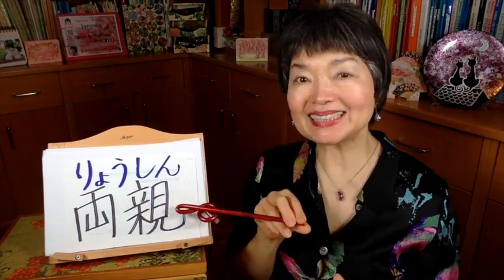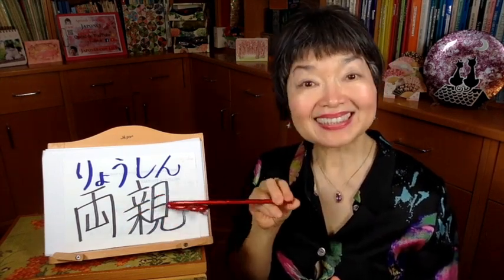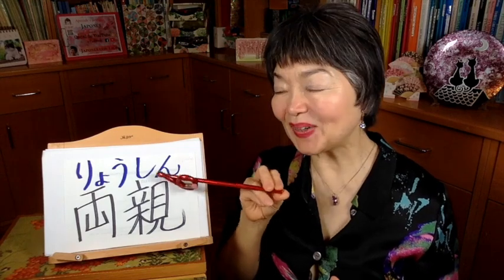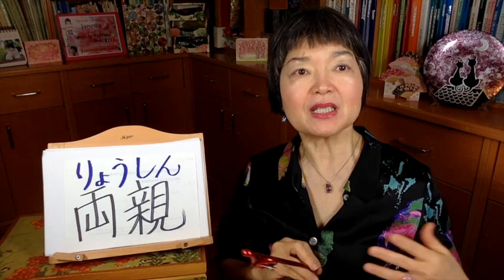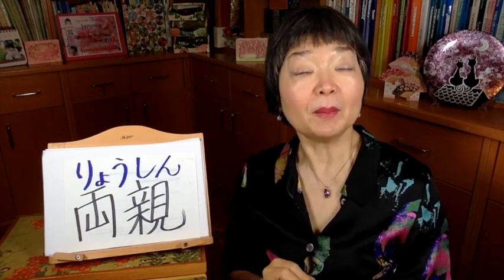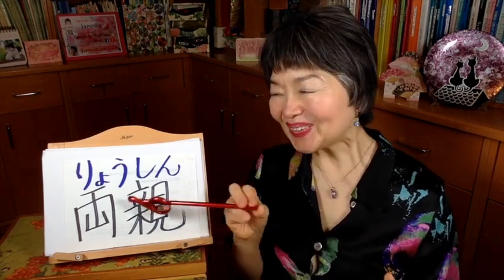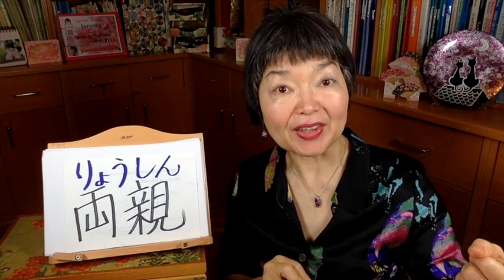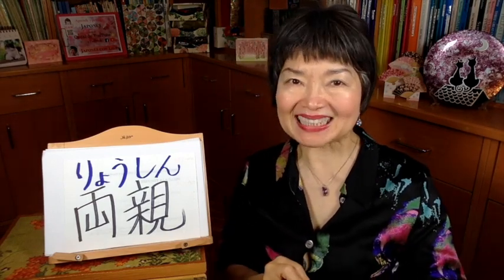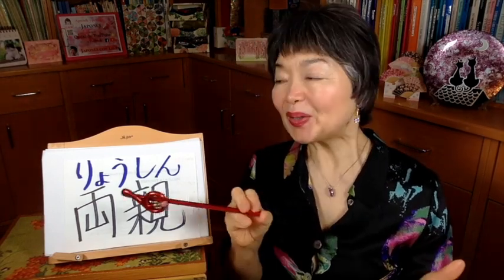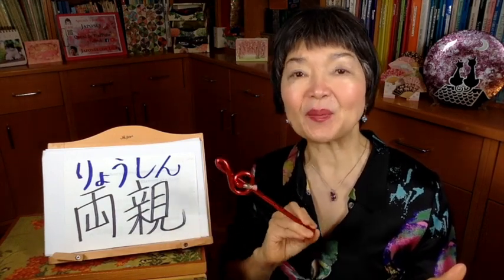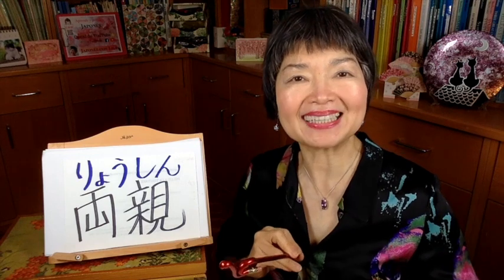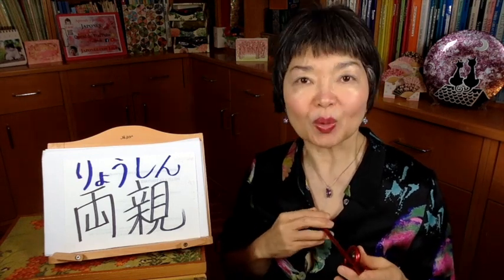So 両親, both. 親, we can also pronounce, means father or mother. So 両親 means both father and mother. Parents, both parents.